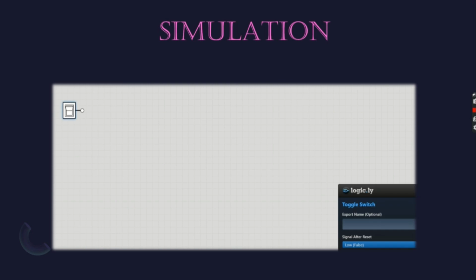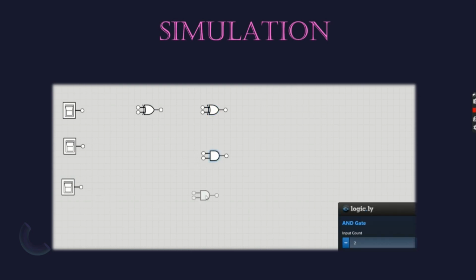The working of full adder is shown here. Three inputs using the toggle switch as A, B, C and the gates as 2 XOR gates, 2 AND gates and 1 OR gate.